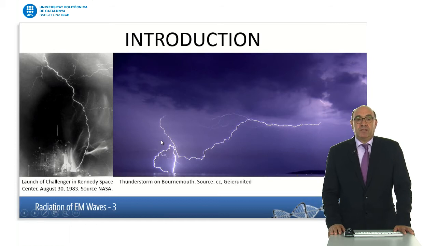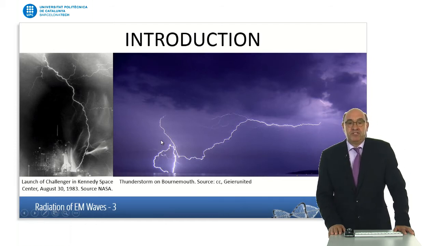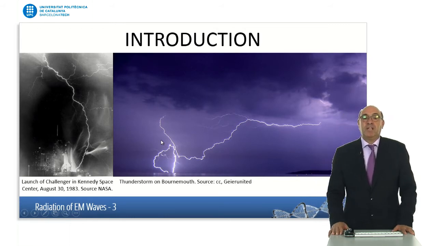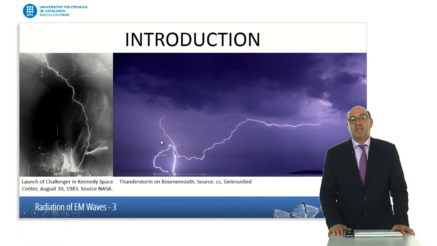If you look at the lightning in these pictures, you will see that there are flashes or bolts going down from the clouds to the ground and also from cloud to cloud. Really, in most of the storms, plenty of lightning goes from cloud to cloud. And the voltages involved in those lightnings are really of the order of hundreds of millions of volts.